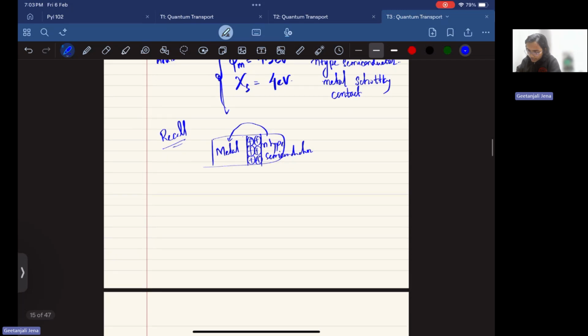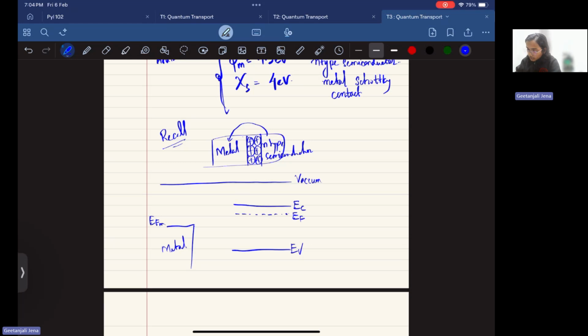And in terms of the band diagram, we can write it as, let's say this is the vacuum level, and this is the Fermi level for the metal. Now we have a semiconductor valence band. This is the conduction band. This is n-type, so EF will be close to the conduction band.